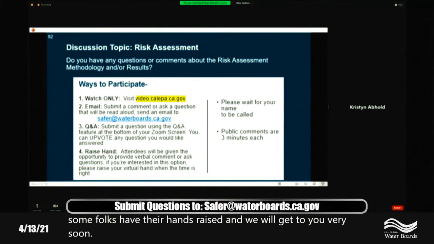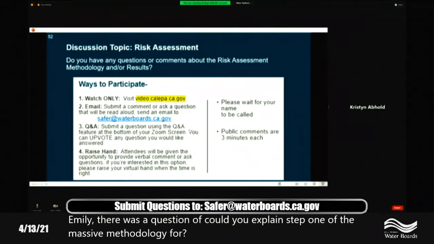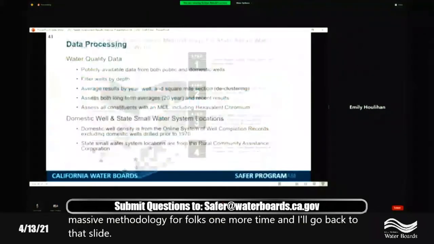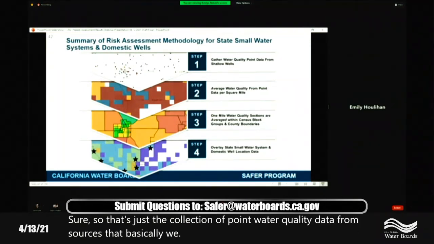Emily, there was a question. Could you explain step 1 of the methodology for folks one more time? Sure. So that's just the collection of point water quality data from sources that basically we think represent domestic well and state small water system data. So usually that's shallow.